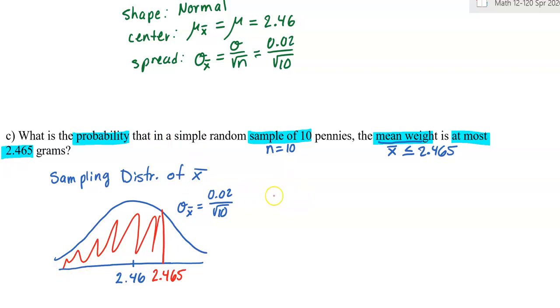So to find the probability that the mean weight of those 10 pennies is at most, so that means less than or equal to 2.465, since it's probability under a normal curve, we're going to do normal CDF.